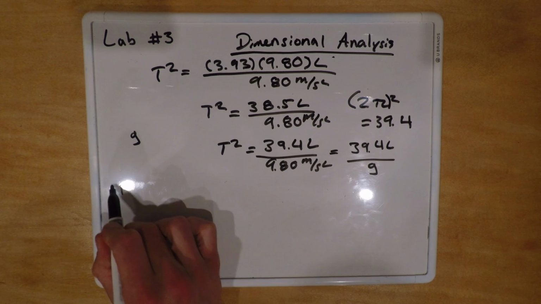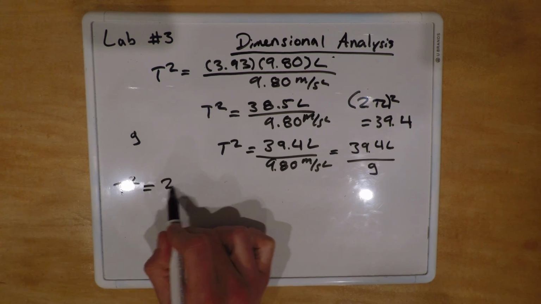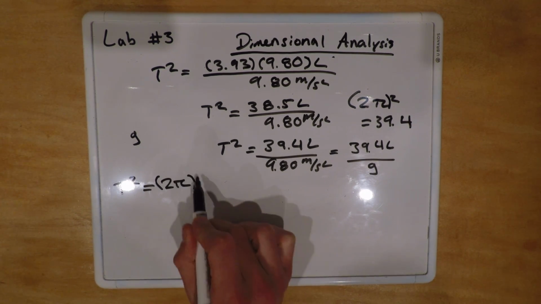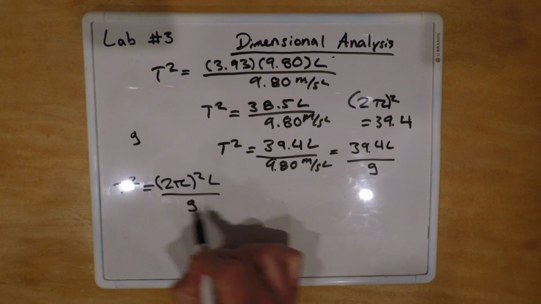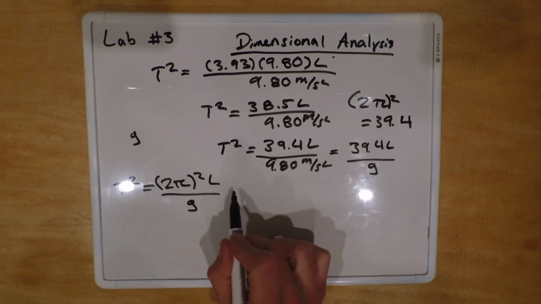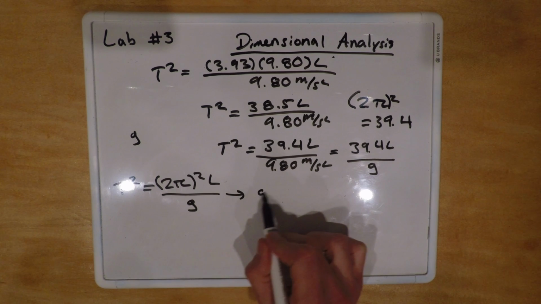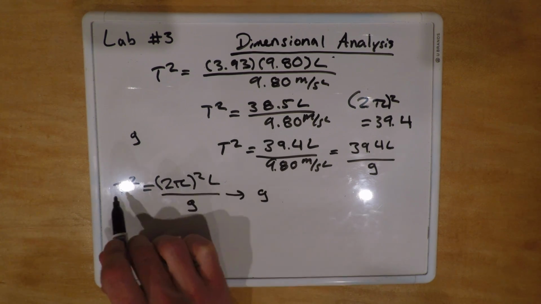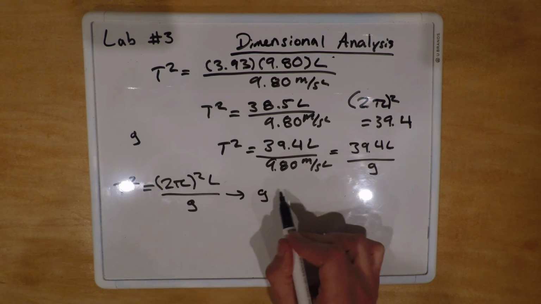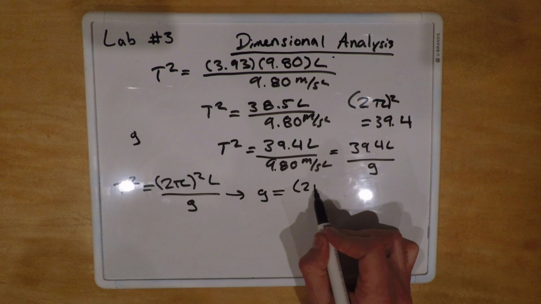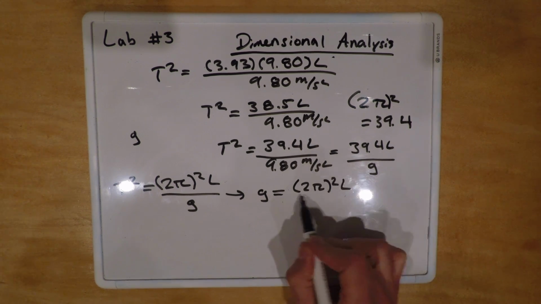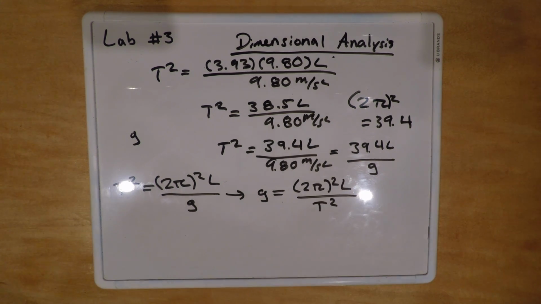So now we have t squared equals 2 pi squared times L over g, and we're going to solve this for g here, and that's pretty easy to do. Just multiply both sides by g and then divide both sides by t squared, and g equals 2 pi squared times L over the period squared.